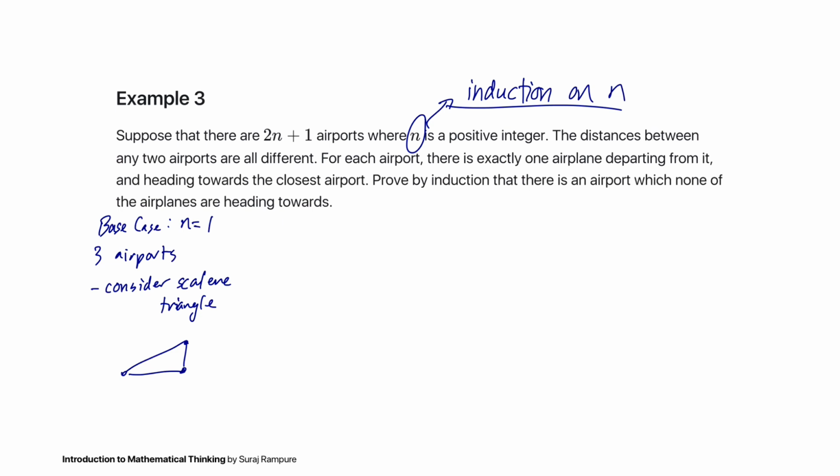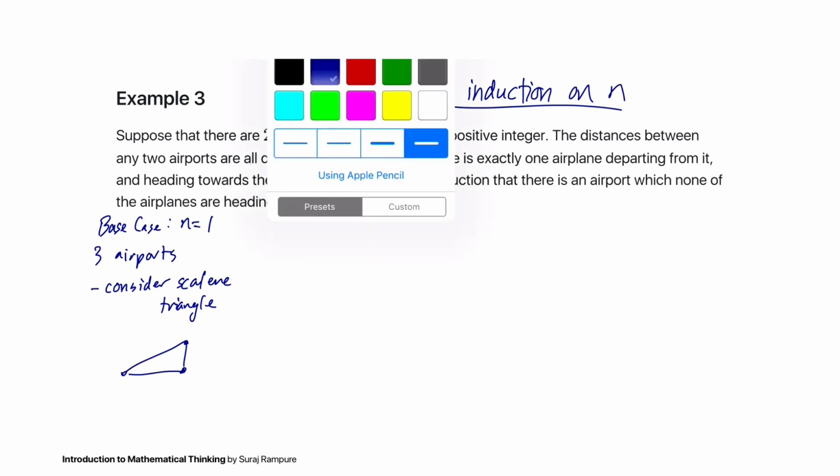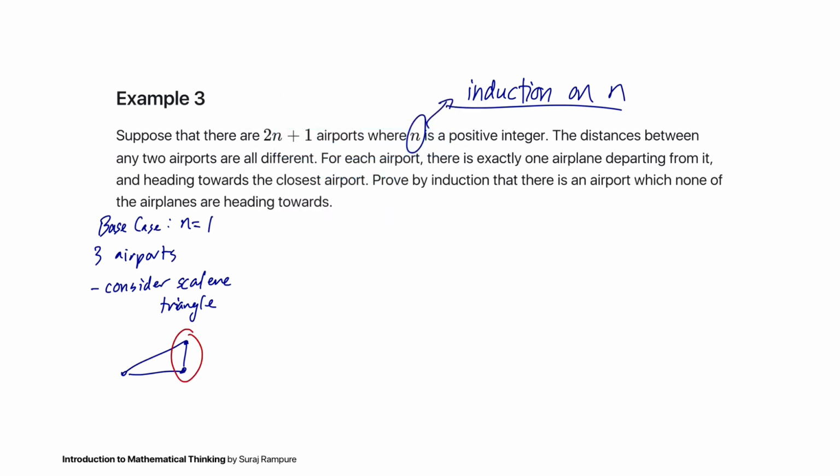And so what happens is that the 2 points that are closest to one another will send airplanes to one another. Is that clear? So what's the shortest side here? Well, it's this one. So this airport will send a plane that way. This airport will send a plane that way. Therefore, this airport has no incoming planes. Is that clear? So the base case is true.